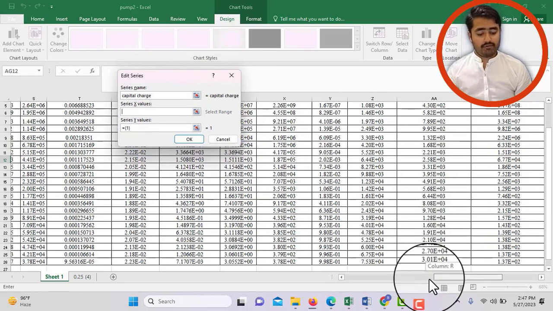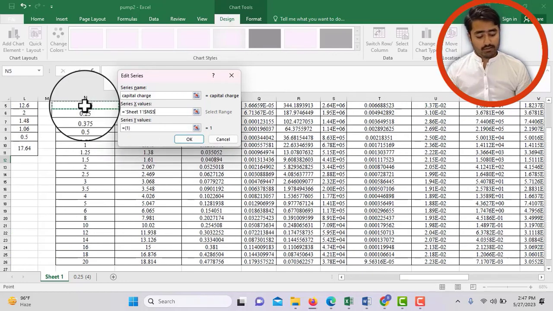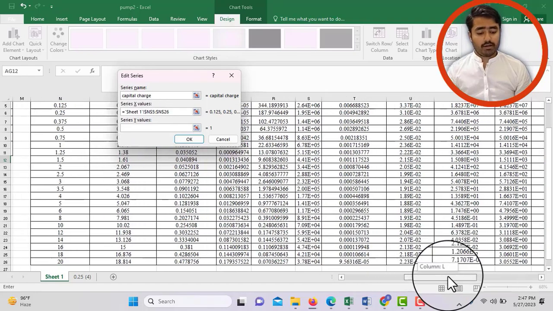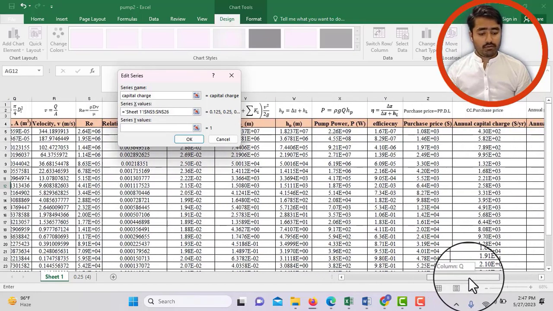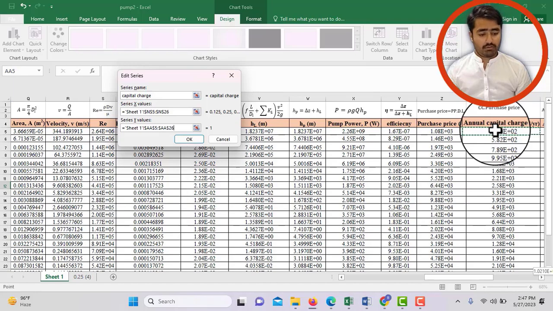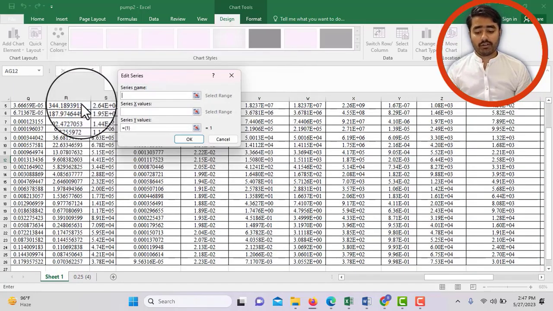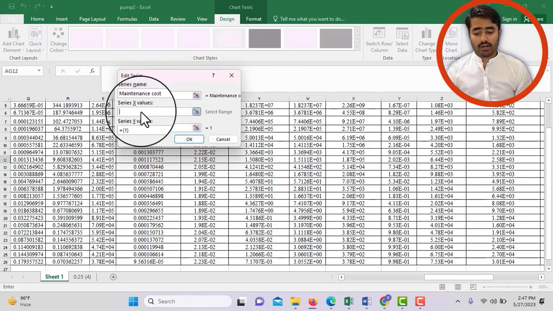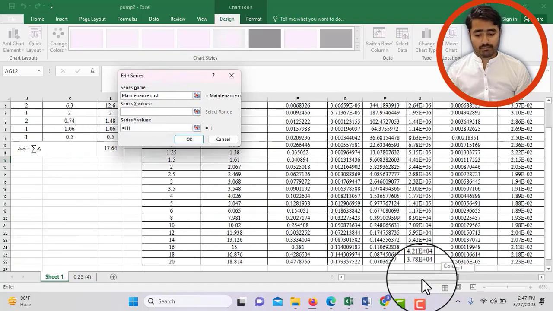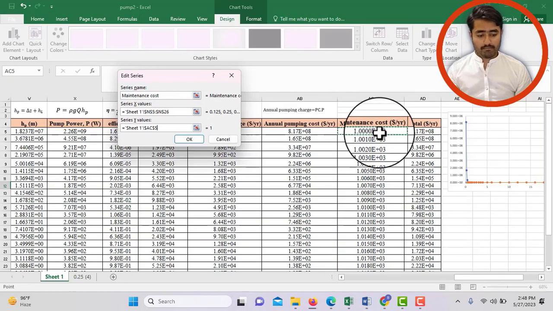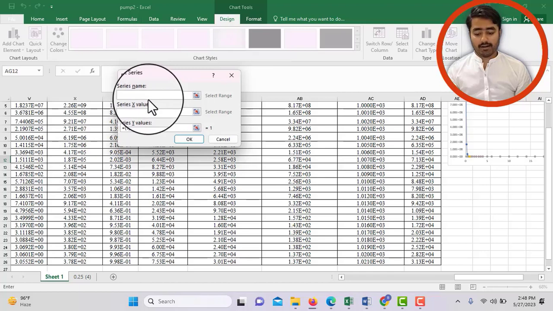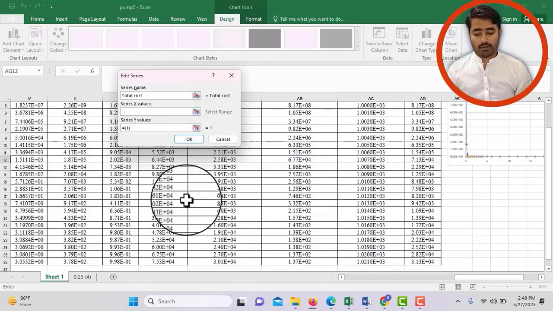So on the x-axis I will put again the nominal diameter, and on the y-axis I will put the capital charge. Now I will plot the maintenance cost. So I will again select the nominal diameter. So this is for the maintenance cost, and in the end I will also plot the total cost with respect to the nominal diameter.